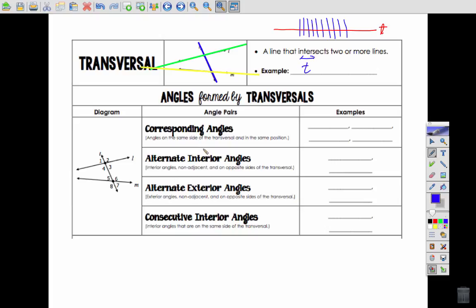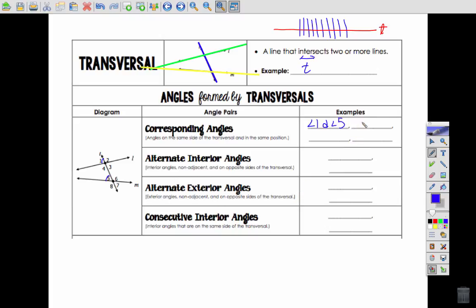Corresponding angles are the angles on the same side of the transversal in the same position, meaning angle 1 and angle 5. Angle 1 is here, 5 is here.